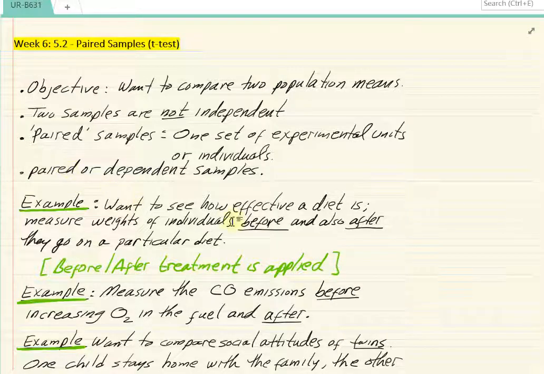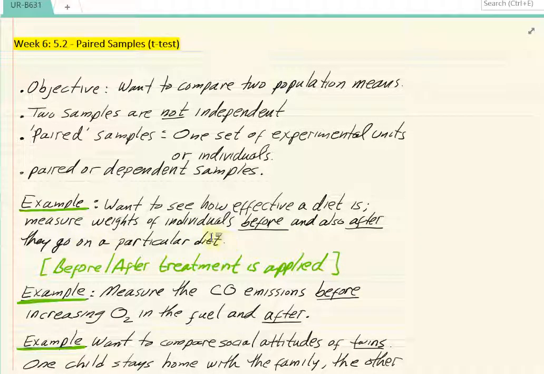Now, here I've given you a few examples of situations where we have or we can assume paired samples. In our first example here, we want to see how effective a diet is. So what we're going to do is measure weights of individuals, possibly before they go on a diet and also after they go on a particular diet.